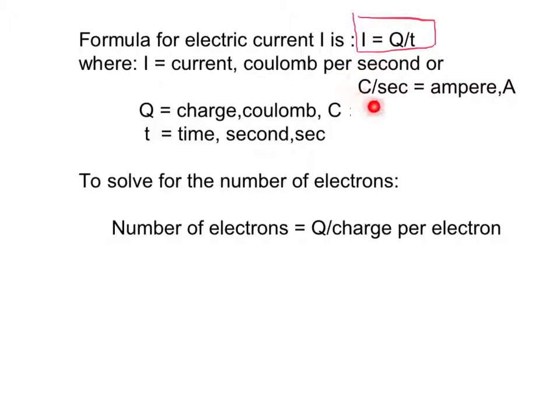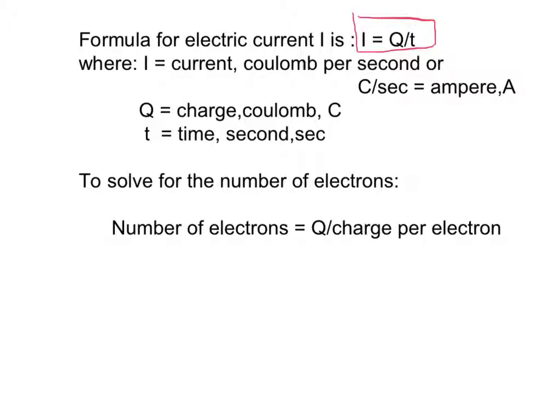Remember that coulombs per second is equal to amperes. The Q is the charge, which is in coulombs. The t is the time, which is in seconds.